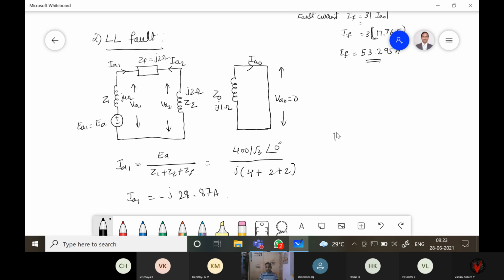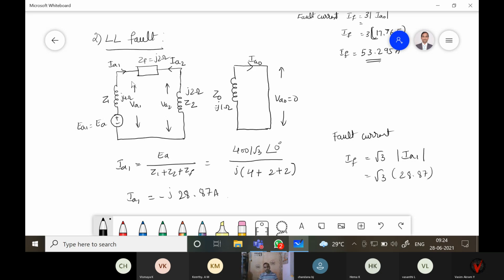So to find out the fault current, in this case IF is equal to root 3 times IA1. Root 3 times the magnitude of IA1, that is 28.87.